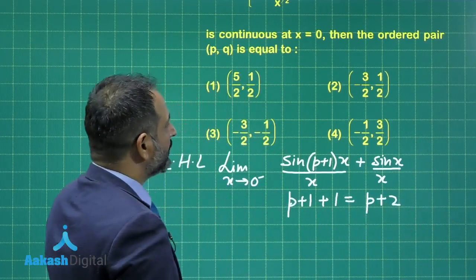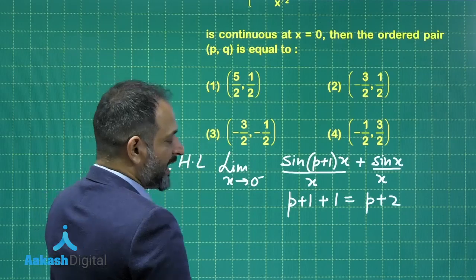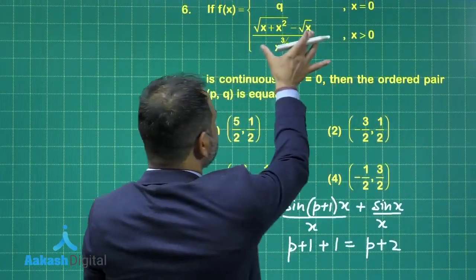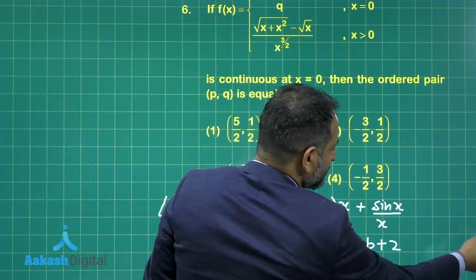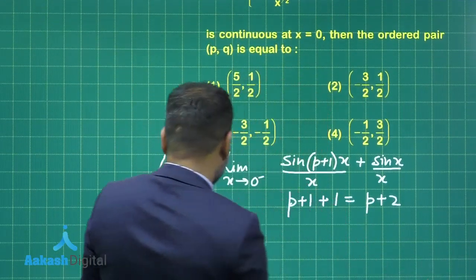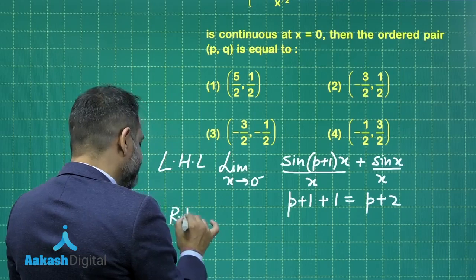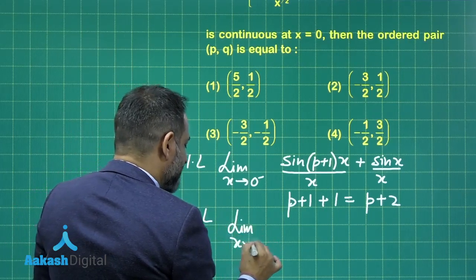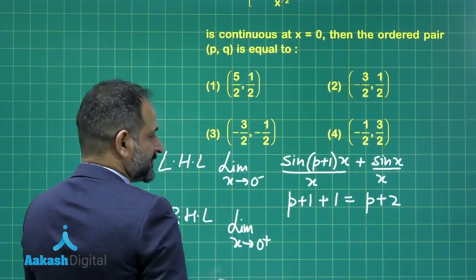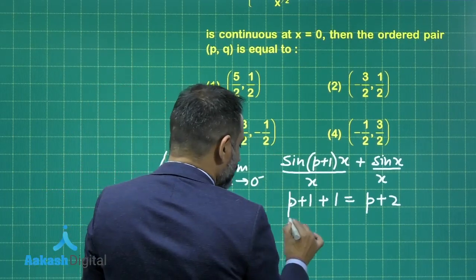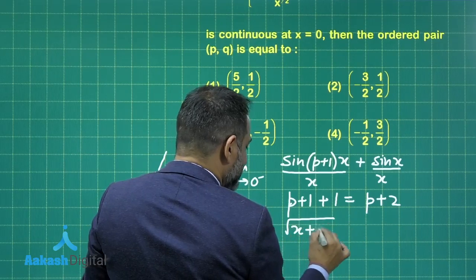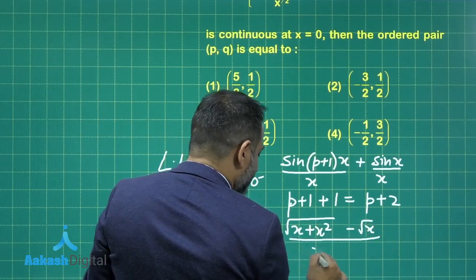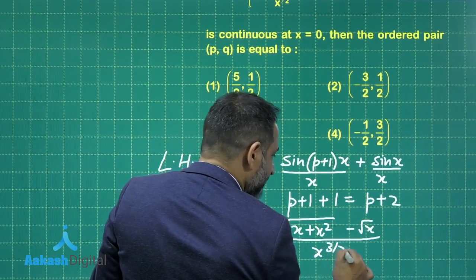Now, again for the right hand limit, we have to calculate the next part, that is this function we will be dealing with here. So, from here we have right hand limit x tending to 0 plus, we have root of (x plus x square) minus root of x upon x raised to the power 3 by 2.